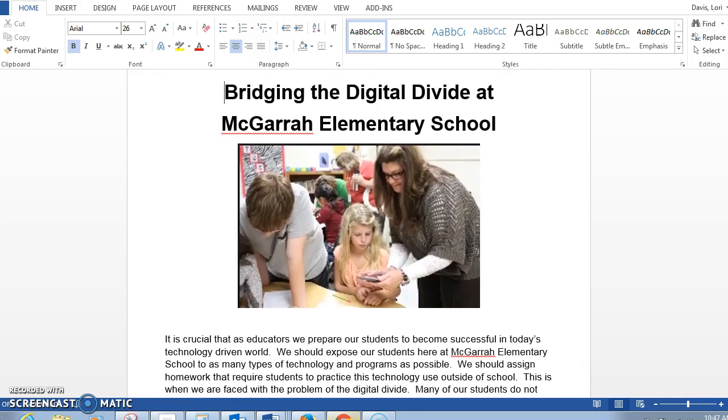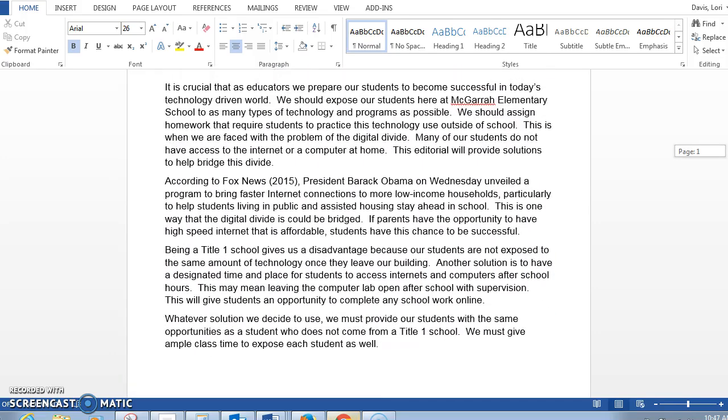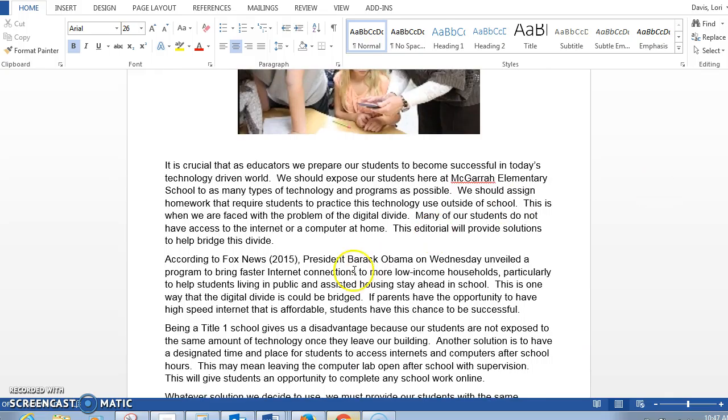I would have the teachers at the professional learning look over the editorial and have a conversation about what that means to them and how learning looks in our school and how we can bridge that divide at Madera Elementary School.